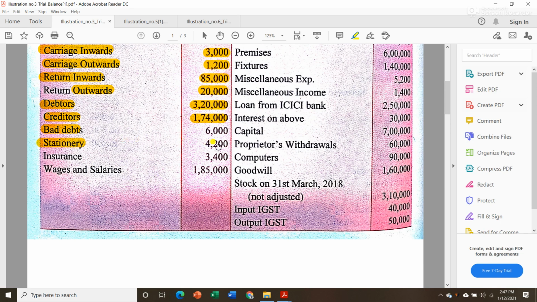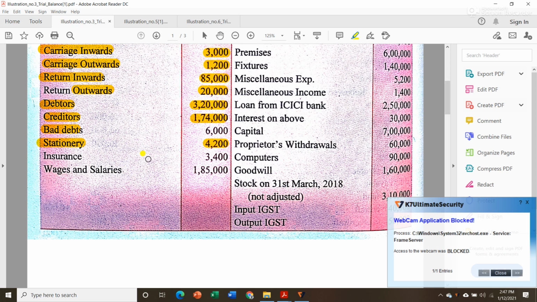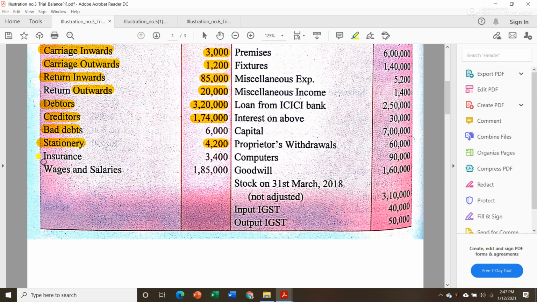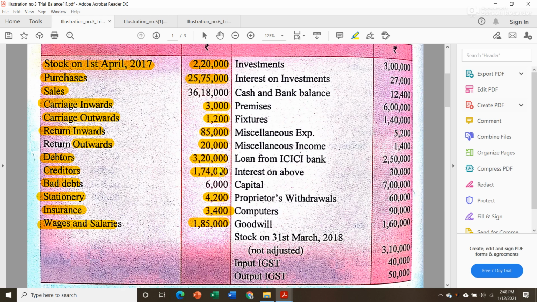We have spent 4,200 on purchasing stationery, so it will be treated as an expense and recorded on the debit side. Then insurance, again we have paid an insurance premium, so it is an expense, debit side. Then wages and salaries, again expenses, so on the debit side.